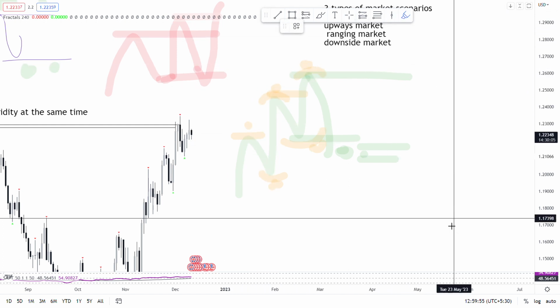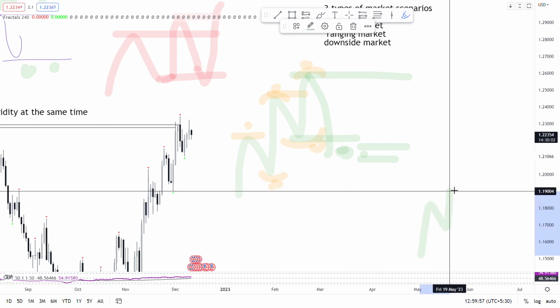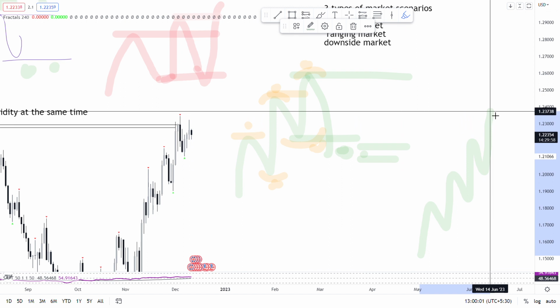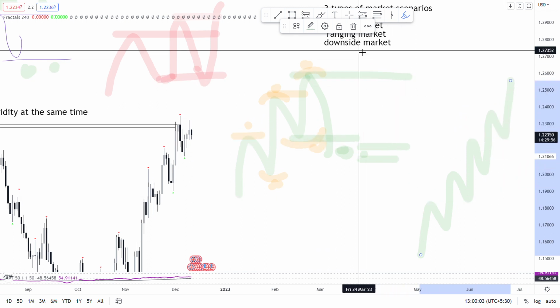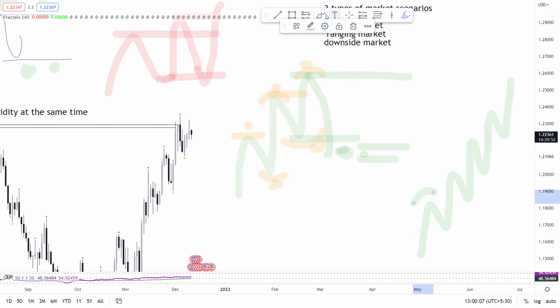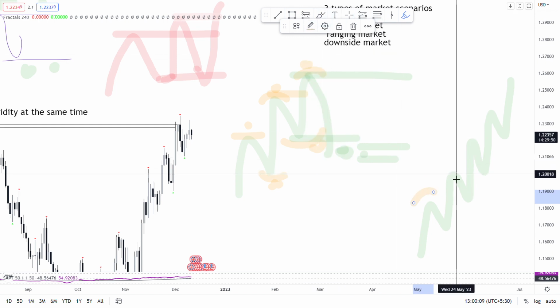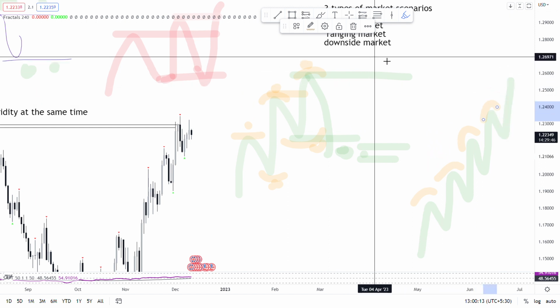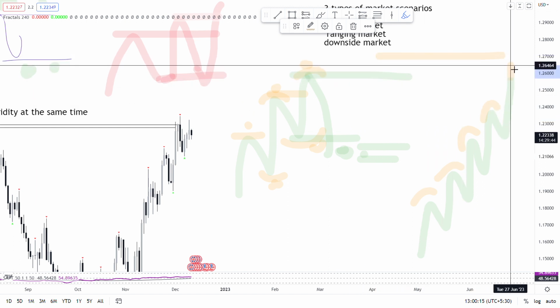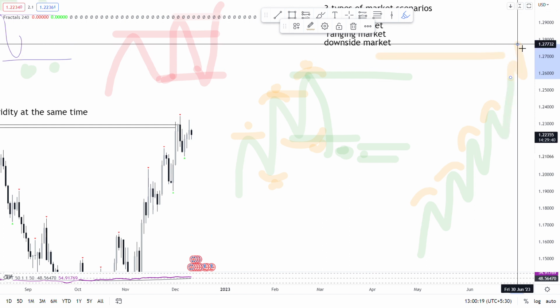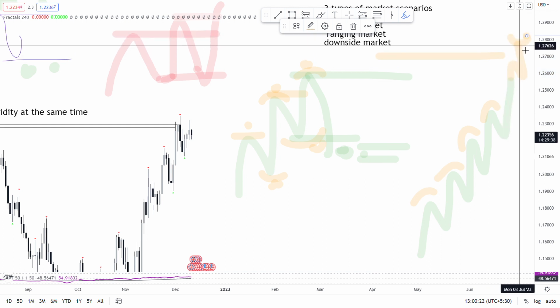In the uptrend, the buy side liquidities are taken and the buy side liquidity keeps expanding. See, the liquidity is expanding, it will expand up to there. If there is any high time frame order block or liquidity pool, it will extend up to this.